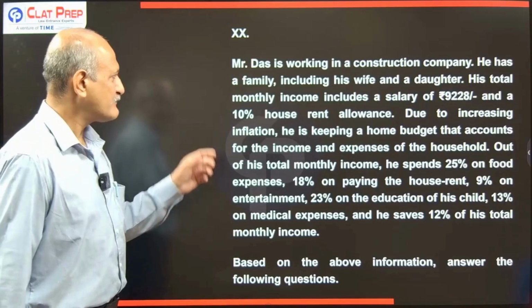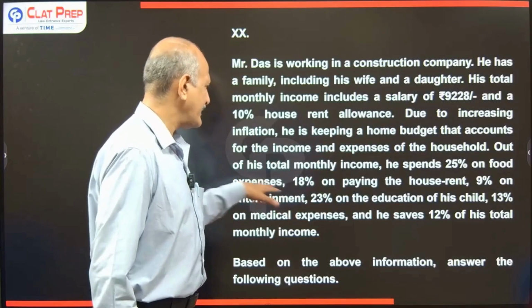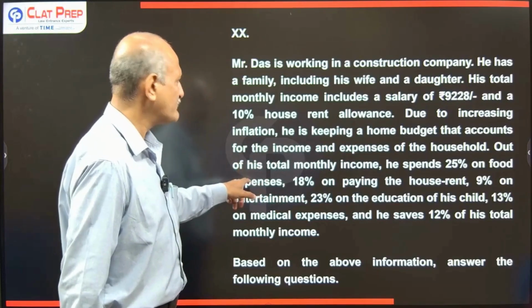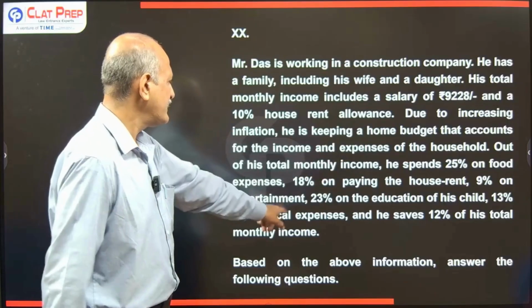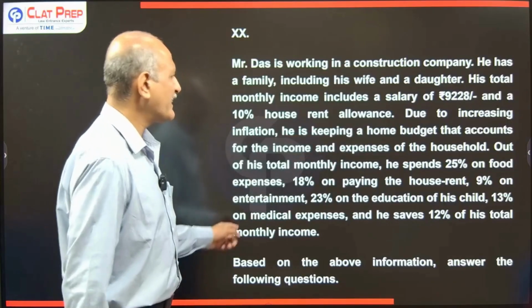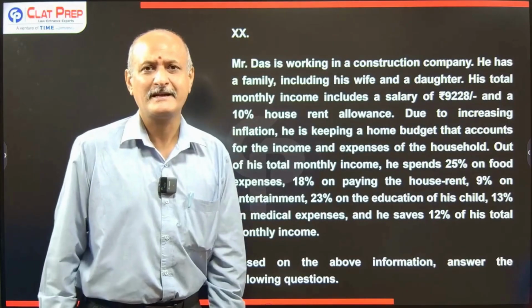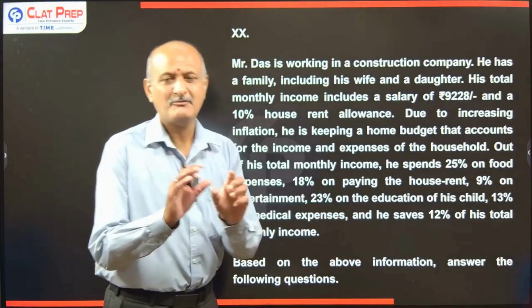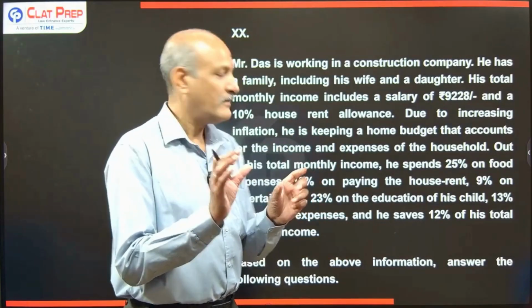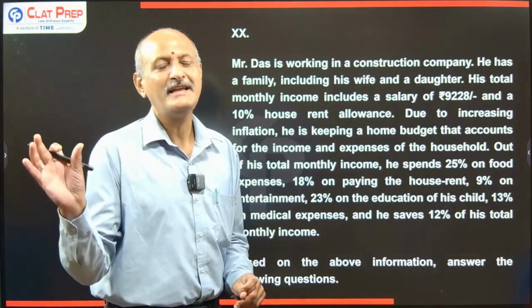So we can tell his expenses are distributed like this: food expenses, house rent, entertainment, education, medical expenses, and savings out of the total monthly income. So the description given is about his income and his monthly expenses.